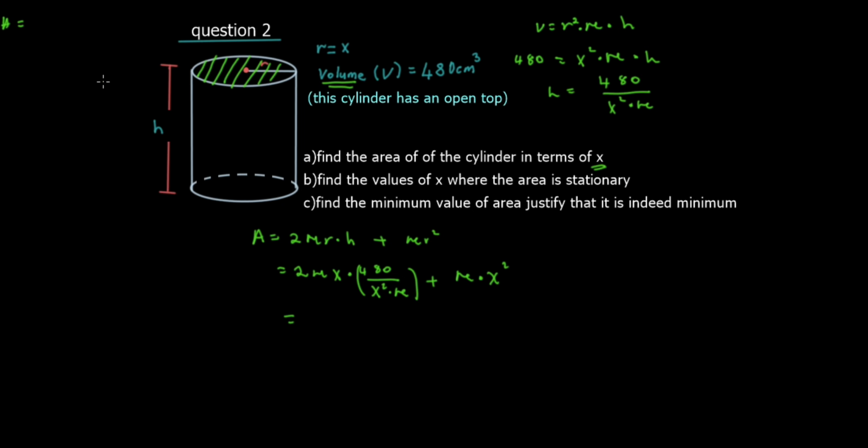So 2 times 480 is 960 over x plus pi x squared is the area. Let me get rid of this.